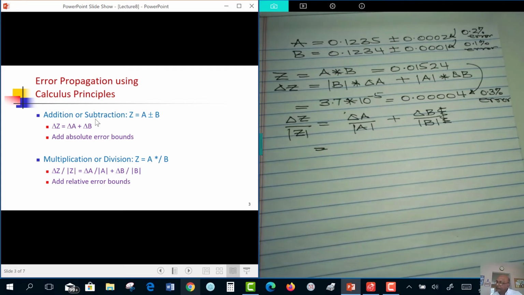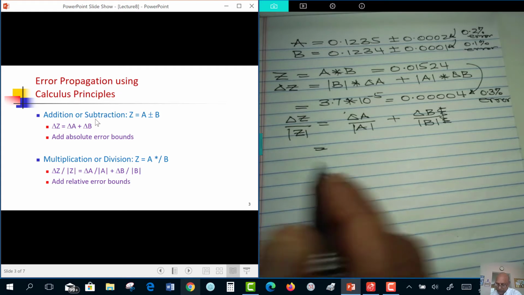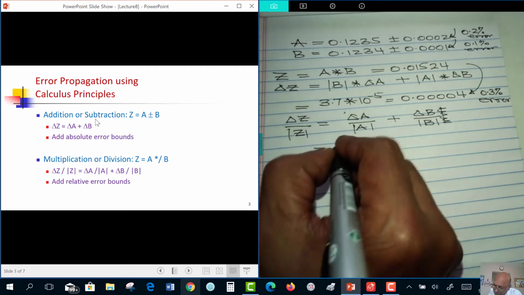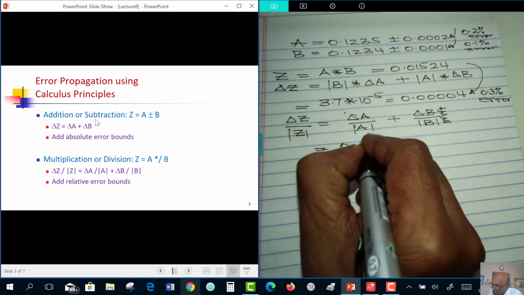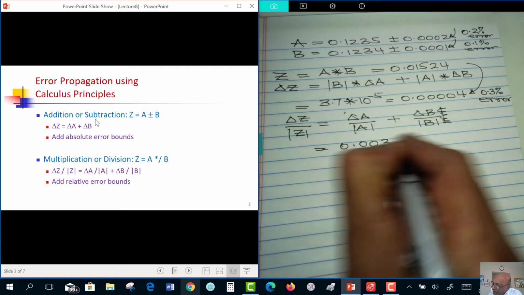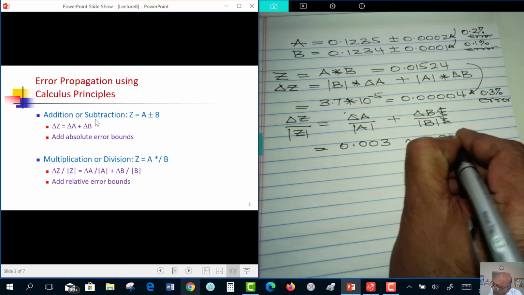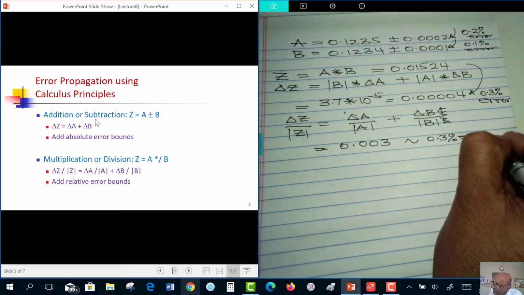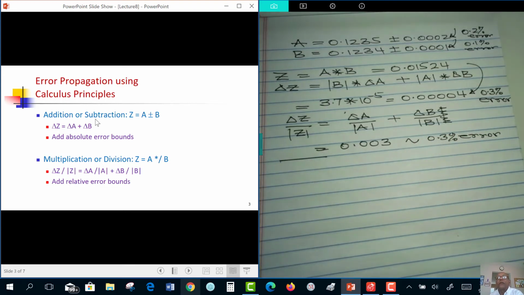So we will get 0.0002 divided by 0.1235 plus 0.0001 divided by 0.1234. So this will be 0.003, which is 0.3% error. Same thing we calculated.